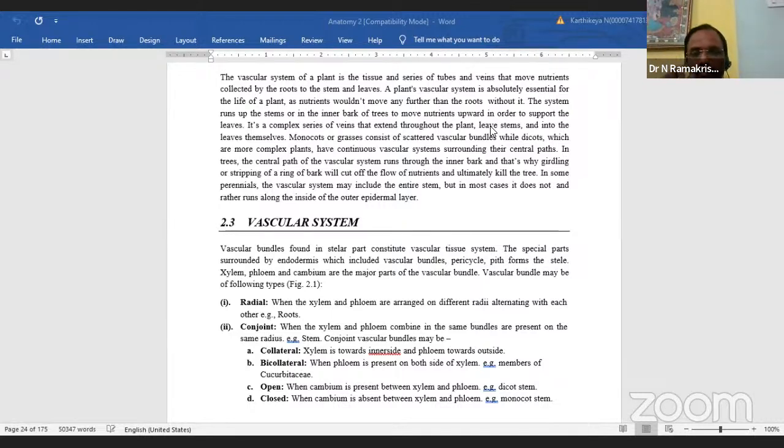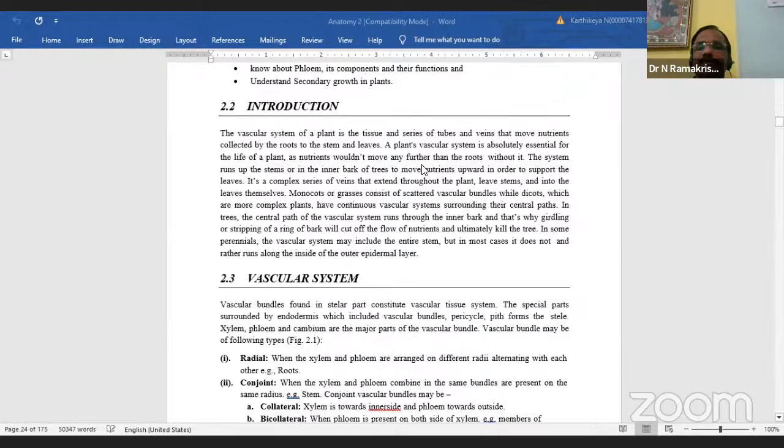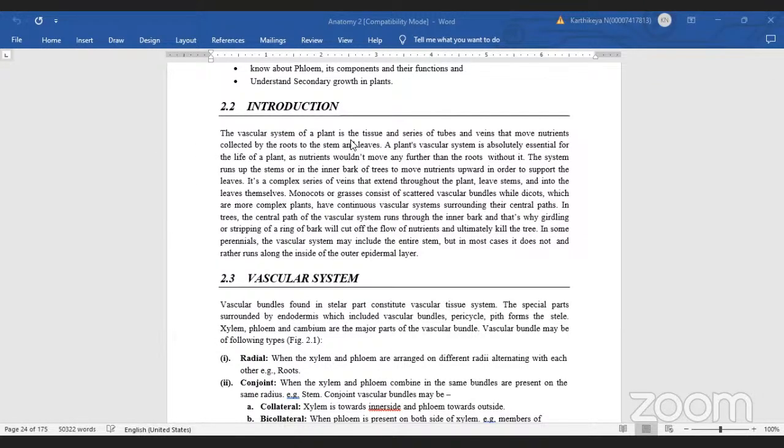Now you see here, I am showing the vascular systems. It is visible in the introduction of vascular systems. Yes, sir.